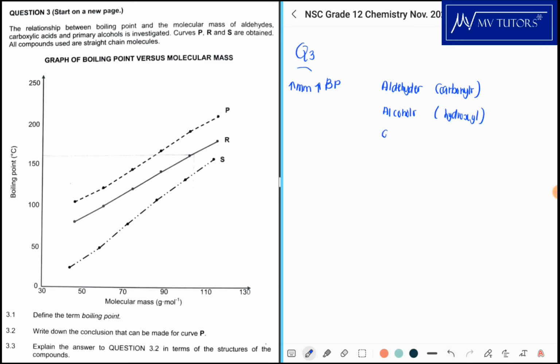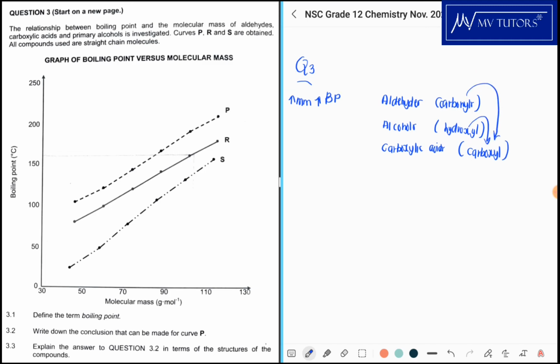And then we have carboxylic acids. Carboxylic acids are basically a combination of carbonyls as well as the hydroxyl group, and we therefore refer to it as the carboxyl group, a combination of carbonyls as well as hydroxyls.